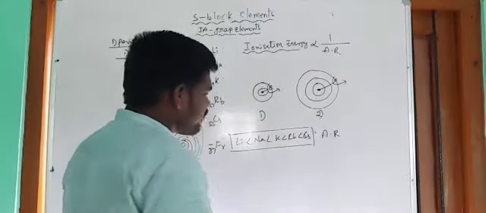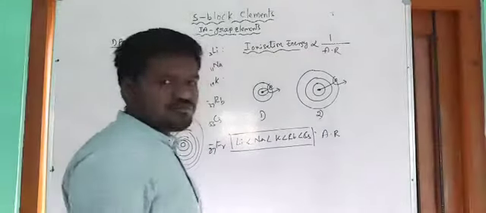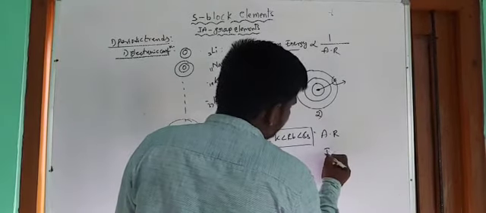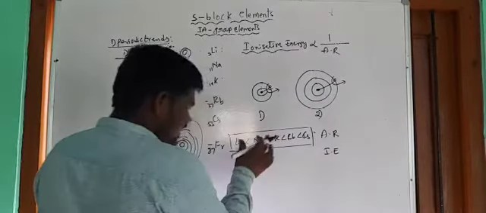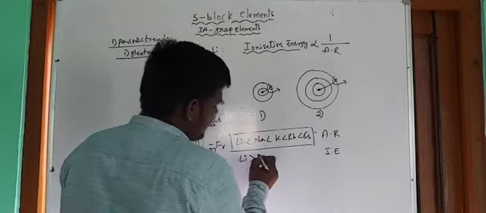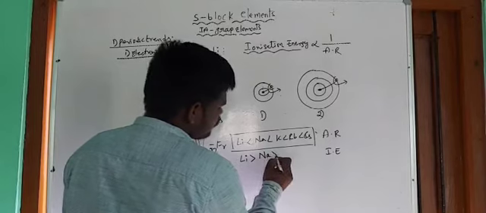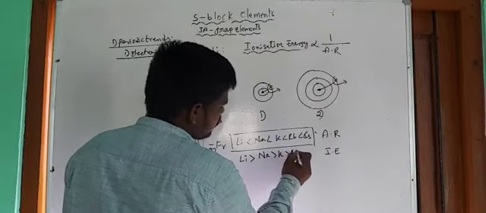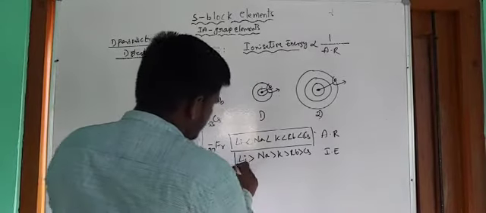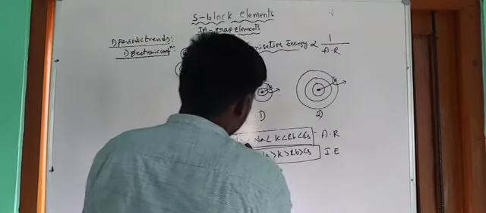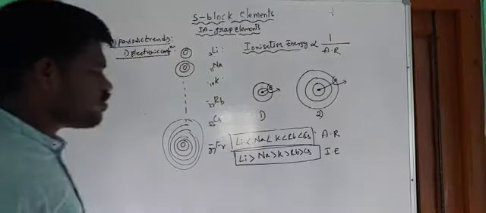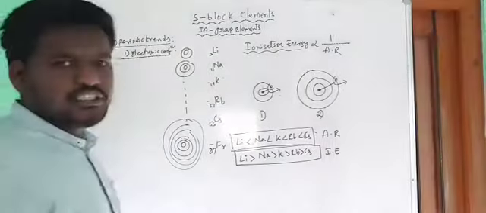It is exactly the reverse of the atomic radius order, because both are inversely proportional. So I am writing the ionization energy order, exactly opposite: lithium, which has the smallest atomic radius, has more ionization energy than sodium, potassium, rubidium, and cesium. This is the ionization energy order of the first group A elements. Ionization energy and atomic radius are inversely proportional to each other.